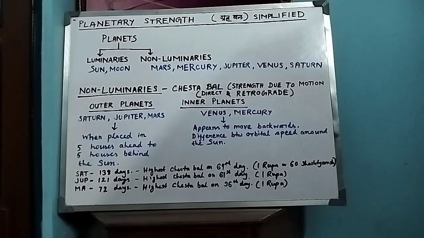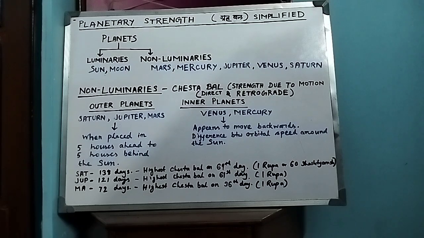Again, before concluding the video, I must say there is no substitute for Sadabal and Vimsopakabal in Vedic astrology for a complete picture of planetary strength, and you cannot escape learning them if you want to take astrology as a career option.